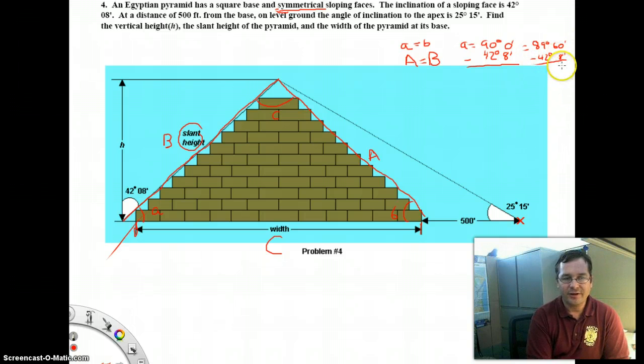So 60 minus 8, that's 52 minutes. 89 minus 42, well, if it was 89 minus 50, that'd be 39, and then 42 is another 8, so 47 degrees. So 47 plus 42 gives you 89. Yep, that works out. So angle A is 47 degrees 52 minutes, just by the property that complementary angles add to 90 degrees.